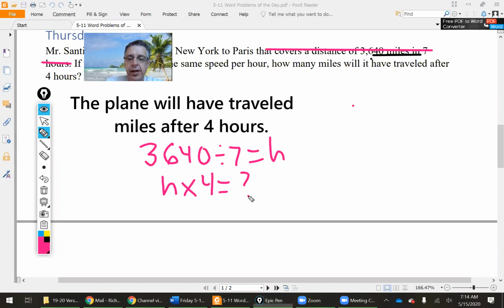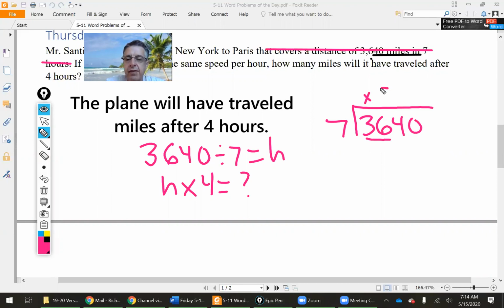So the first thing I'm going to do is draw out my division. I'm going to take 3,640 and divide it by 7. Since I don't have any lines, I really can't go sideways on this one. So I can't start with 3, but I can go to 36. 7 times 5 is 35. So 36 minus 35 equals 1.